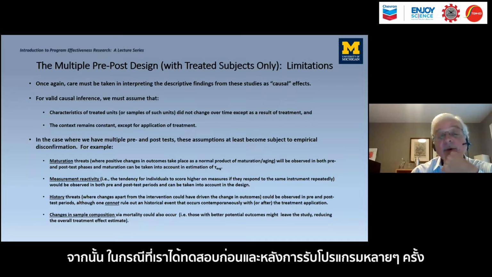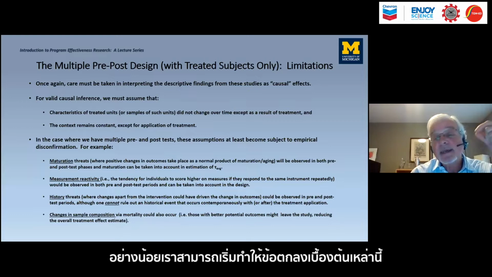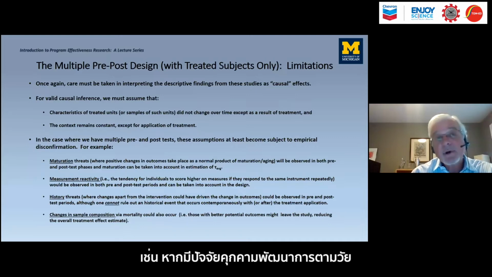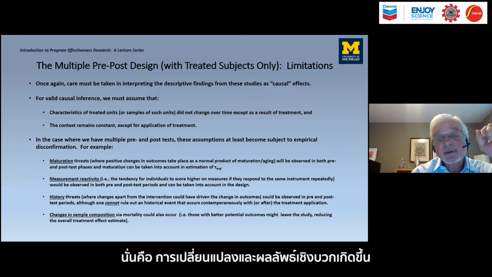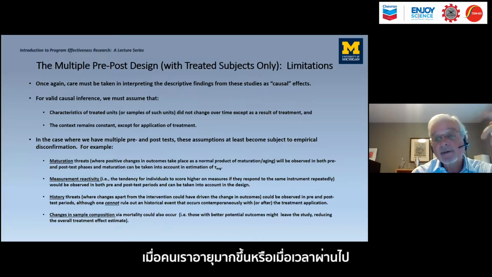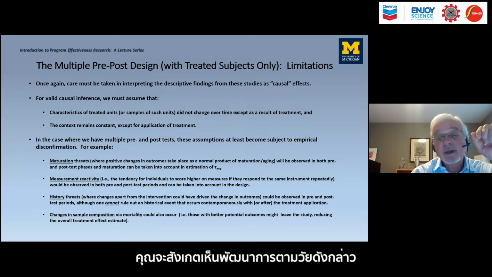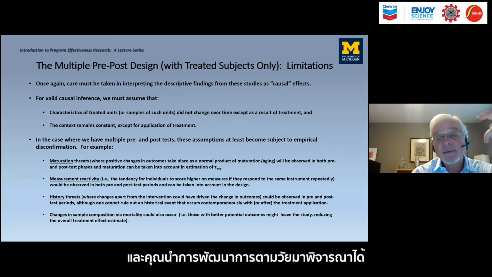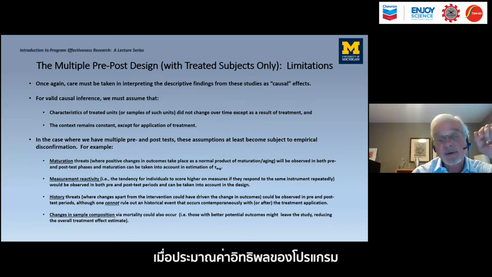And in cases where we have multiple pre and post tests, we can at least begin to subject these assumptions to some empirical disconfirmation. For example, if there are maturation threats, that is, positive changes in outcomes occur as people age or as time passes, you would observe that maturation in both the pre-test phase and the post-test phase. And so you could take maturation into account when you estimated the treatment effect.